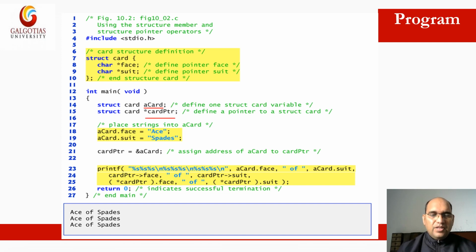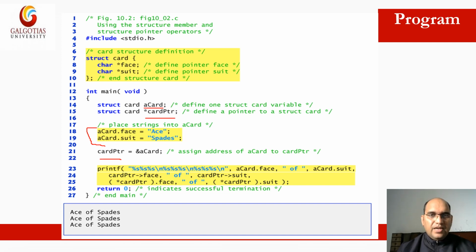So now coming to assigning the values. In a card we have assigned the value for face, that is ace, and in a card for suit we have assigned the value spades, right? And then after that we have stored the address of this particular structure variable in the card PTR, right?